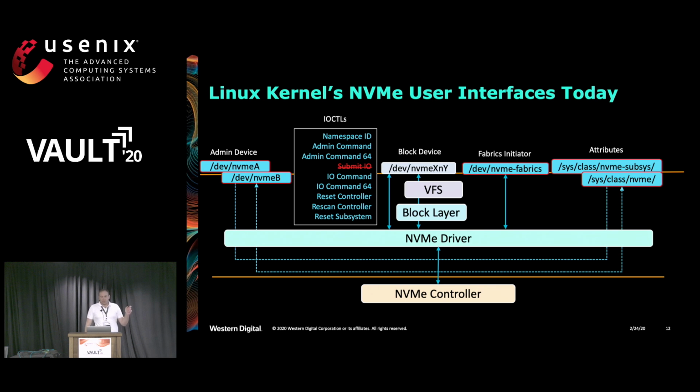So we had to change the naming scheme. The name no longer is tied to the lifetime of a controller, it's tied to the lifetime of a subsystem. So the name changed. People were very used to having a block device say it was NVMe 0 and 1. Naturally, they would think the controller that owned it was also named NVMe 0.